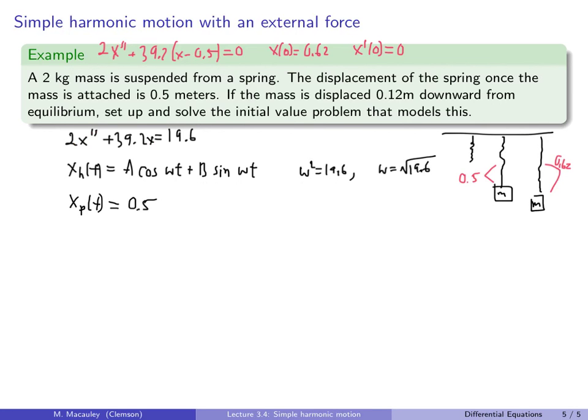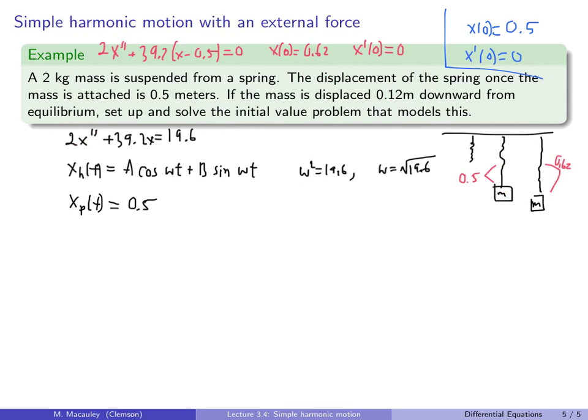So this mass spring system, you put the mass on, and it hangs down to here. And let's suppose that you don't exert this initial little downward displacement. In other words, instead of these initial conditions, let's suppose you had x of 0 equals 0.5 and x prime of 0 is 0.